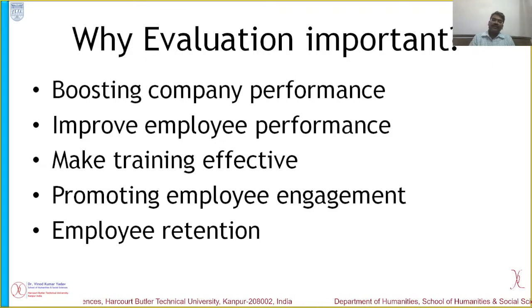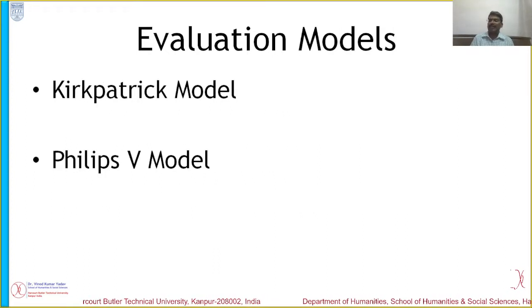Now, what are the different methods in evaluation, the methods which are very common in training evaluation, the models. Very commonly used by companies are the Kirkpatrick model, and the advanced version is the Phillips V model.